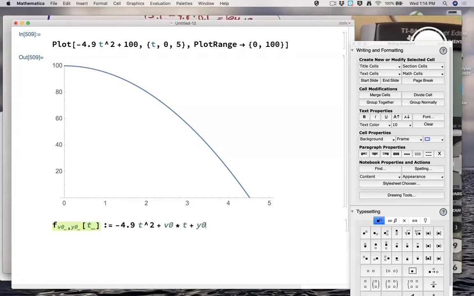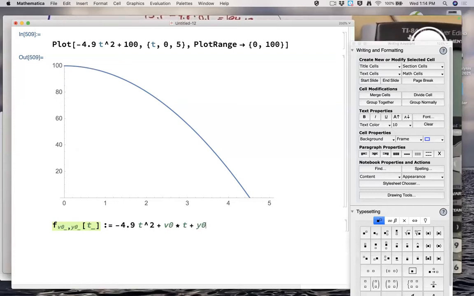What I really have now is a family of functions. One function of t for each choice of initial velocity and initial height. And if I took v0 to be 0 and y0 to be 100, then it would be the exam problem. It'd be the function from the exam.